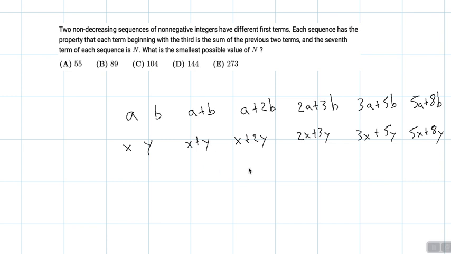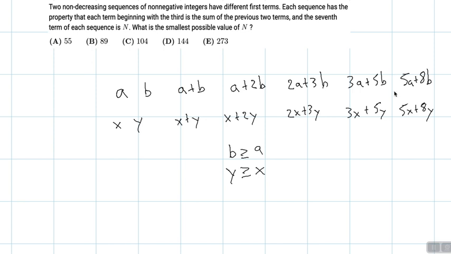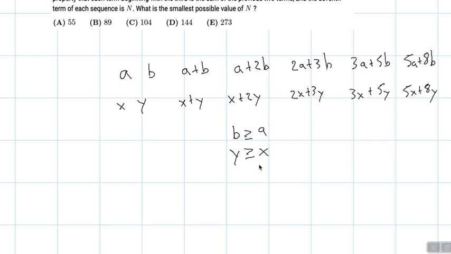So since these are non-decreasing, it has to be true that b is greater than or equal to a, and y is greater than or equal to x. And so these are the seventh terms that we're focused on. So it also has to be true that 5a plus 8b is equal to 5x plus 8y.